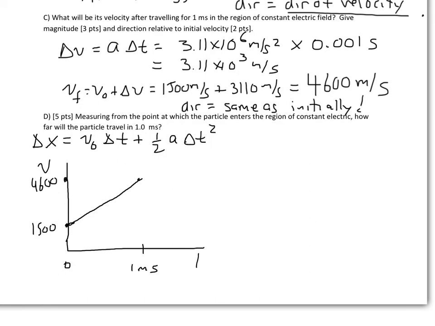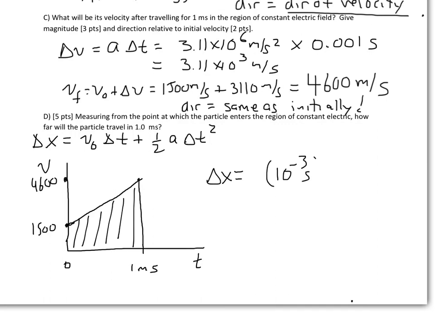So there's a V versus T graph, and we know that the displacement is the area under this curve. The area under this curve can be simply found to be the base, which is 1 millisecond, times the average height of those.